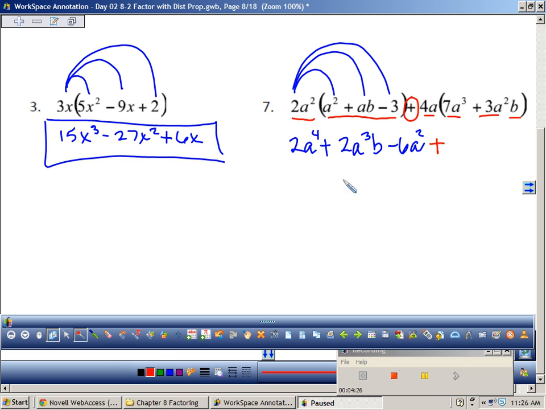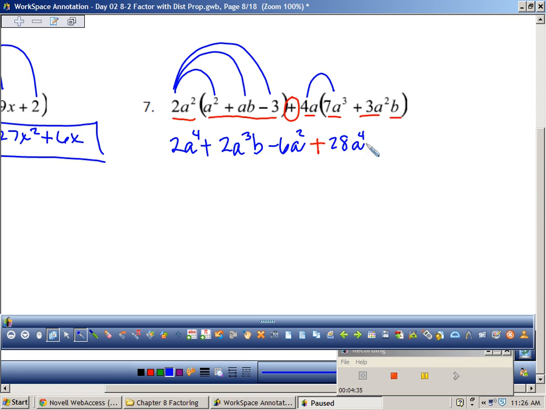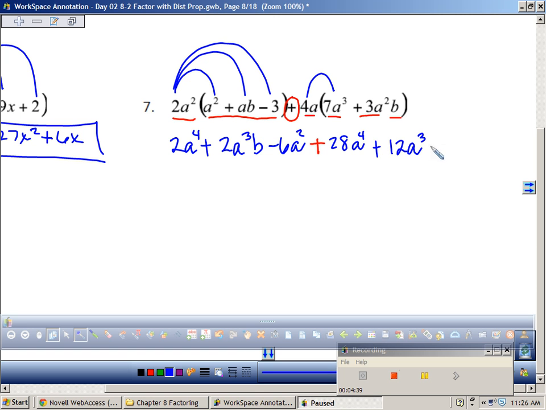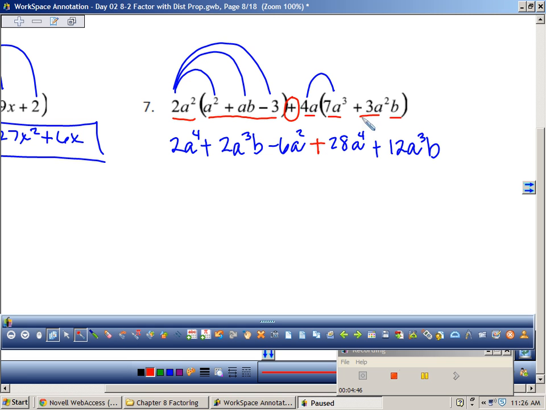So I put an addition sign in, and then I continue to distribute. So I get 28a to the 4th plus 12a cubed b. Did I say trinomial? It's not a trinomial. It's a binomial.